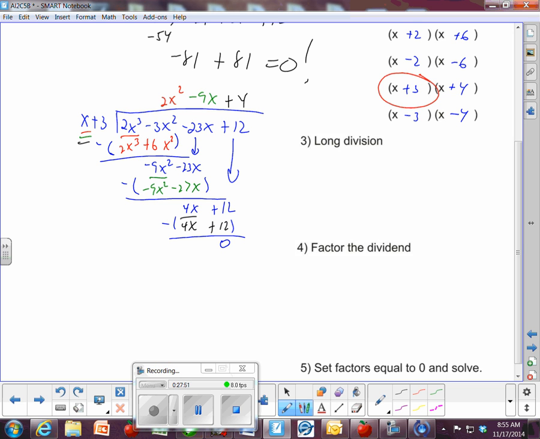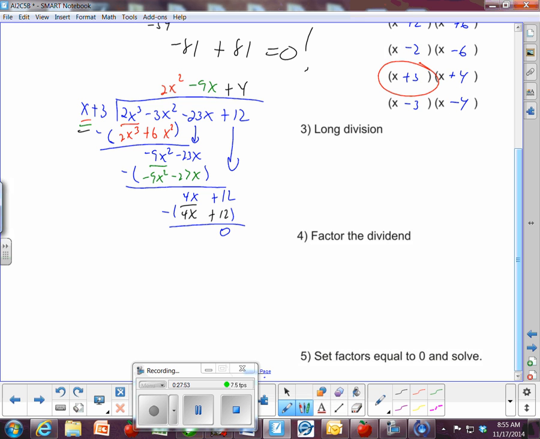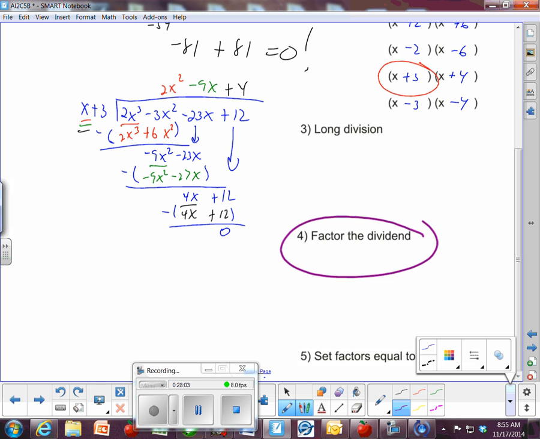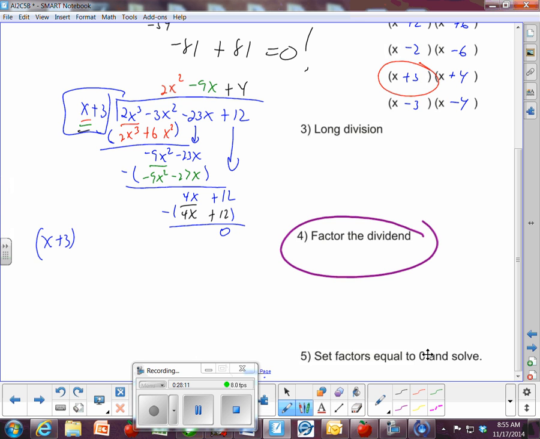We're good. So at this point, what's next? Factor the dividend. So look, let me show you where we're at right now. This is where we're at. The divisor, x plus 3, is a factor of that polynomial. And we also have a 2x squared minus 9x plus 4, right? From here.